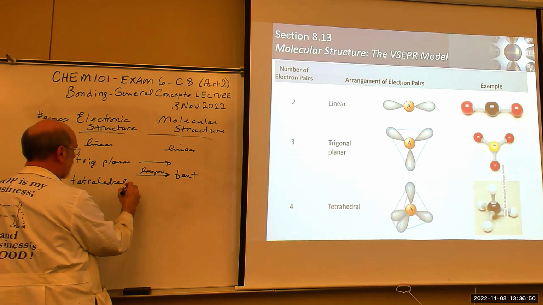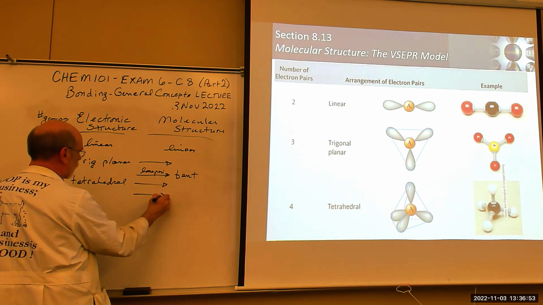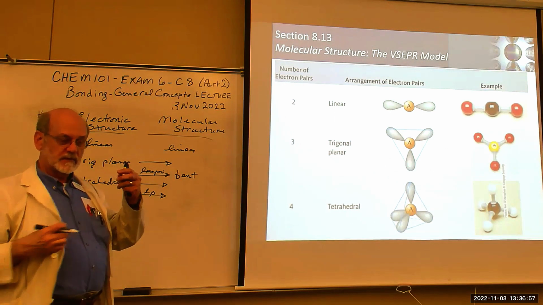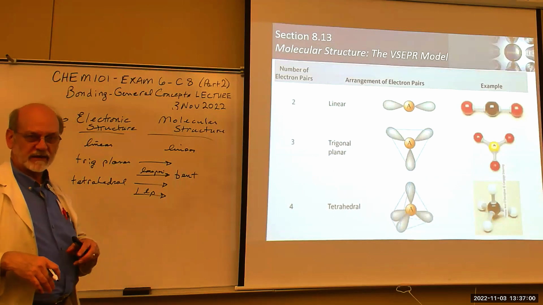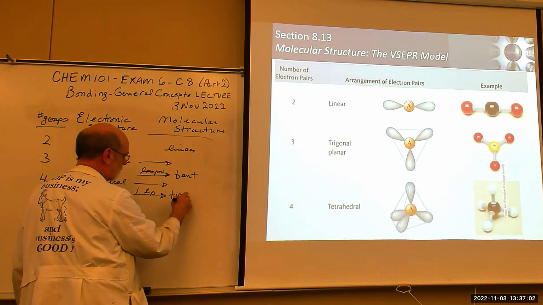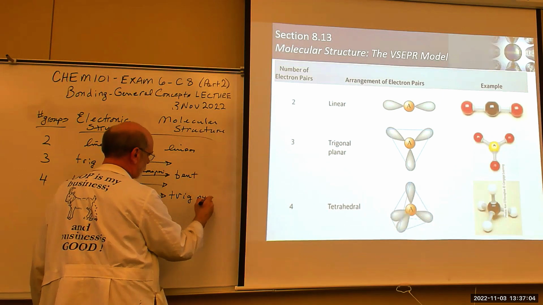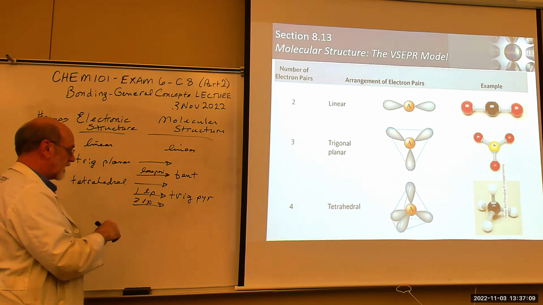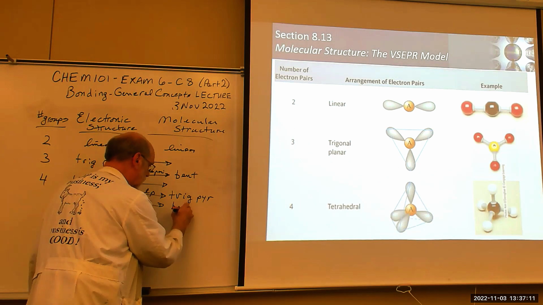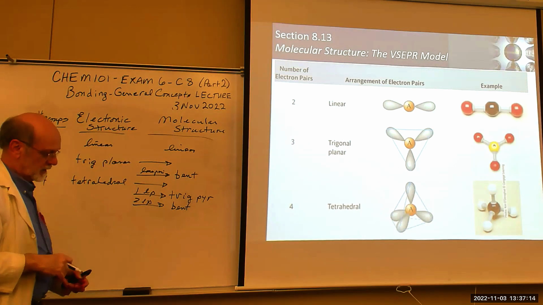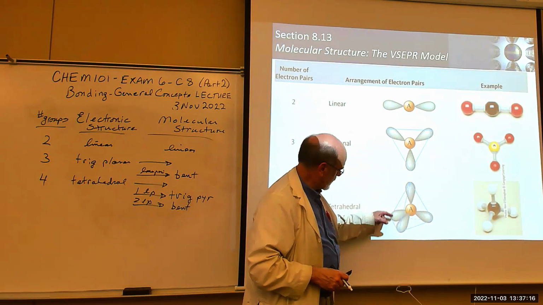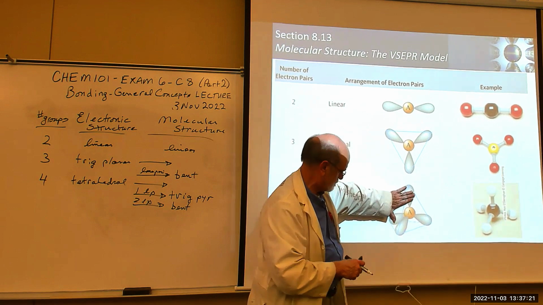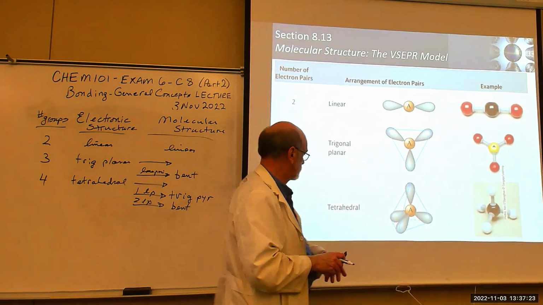If there are no lone pairs, obviously it's tetrahedral. If there's one lone pair, you get a trigonal pyramid. If there are two lone pairs, you get a bent molecule. If these are atoms and these are lone pairs, cover those up and you have a bent molecule.